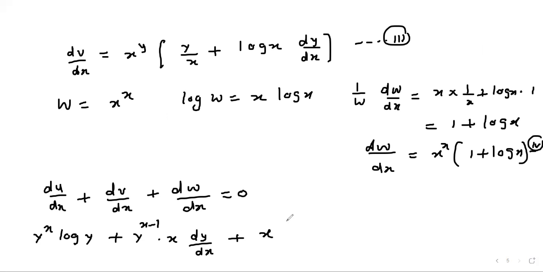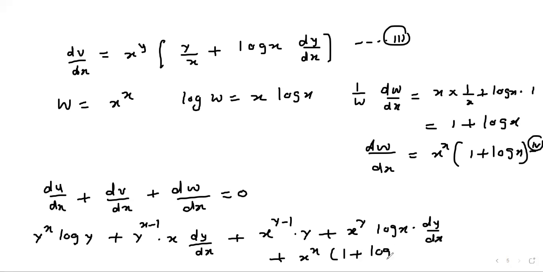So similarly, it will become x power y minus 1 times y plus x power y times log x dy by dx plus the value of dw upon dx, x power x times 1 plus log x, equal to 0.